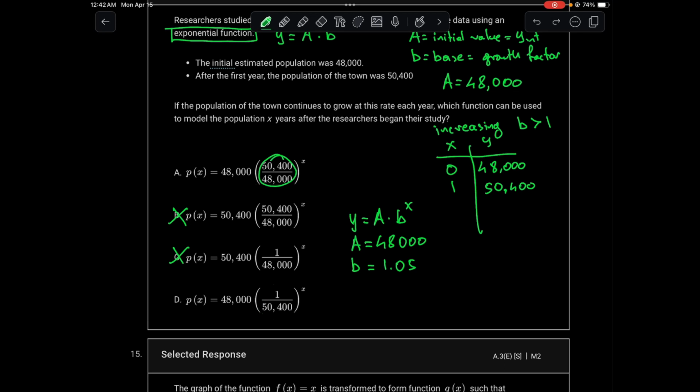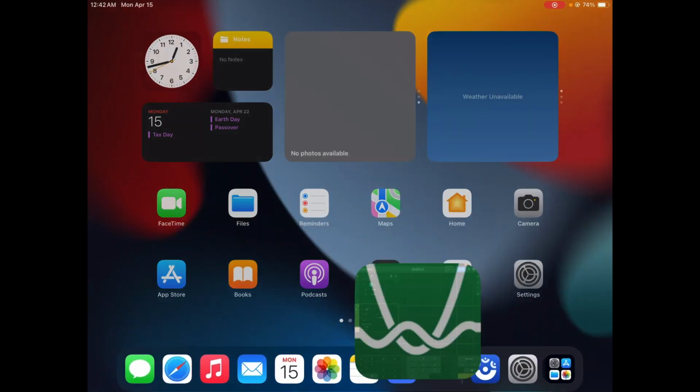So what do we do? Well, take what you got here, put it on the calculator and see if you're going to get 1.05. If you get it, that's the answer. If not, take the other one, put it on the calculator, just to confirm. Okay, so let's take this one and see if we're going to get 1.05.